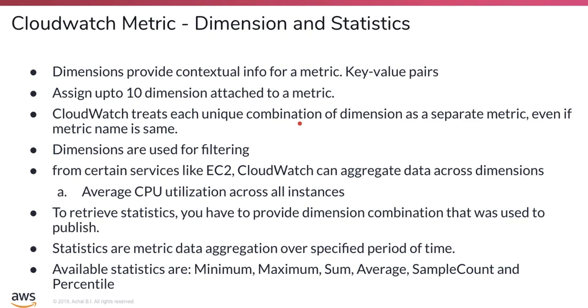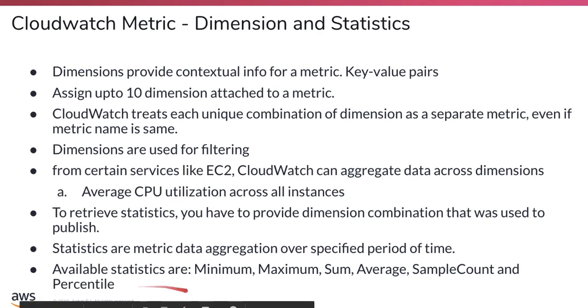So if you are taking CPU utilization and instance ID, you need to use these two to get the statistics out of it. Statistics are basically metric data aggregation over a specific period of time. There is only a finite list of statistics: you can get minimum, maximum, sum, average, sample count, and percentile. Percentiles are available only if you enable detailed monitoring.